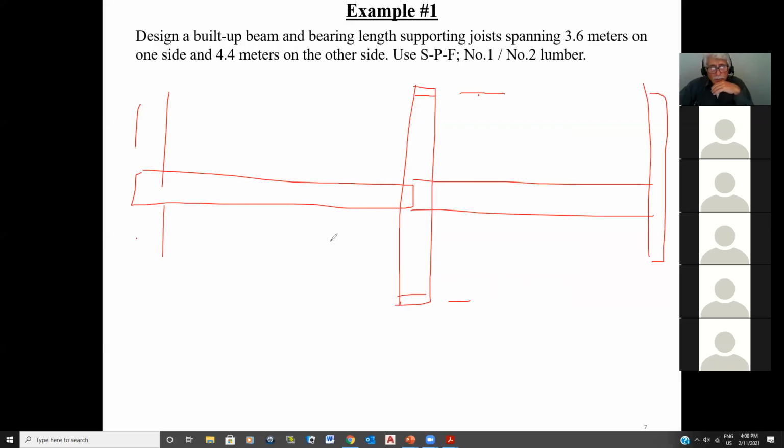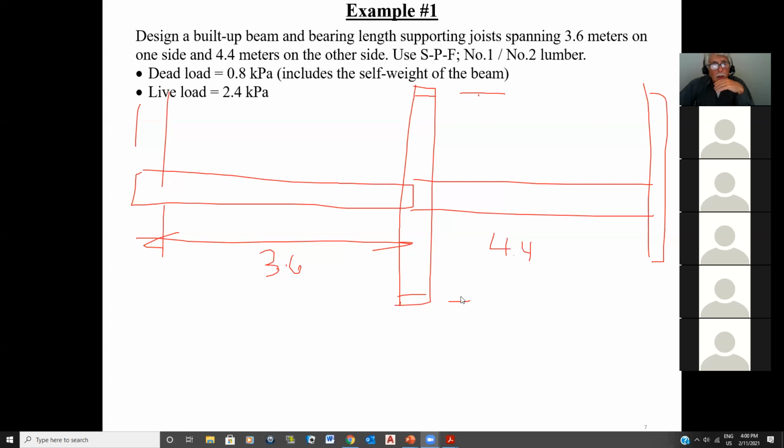All of a sudden, the span of this joist here, we said was 3.6 meters. I don't have the span yet. So this is 3.6 meters, and this is 4.4 meters. Sorry, I missed that. The span of the beam is 3.6 meters. That's why I said 3.6. So this span here is 3.6 meters.